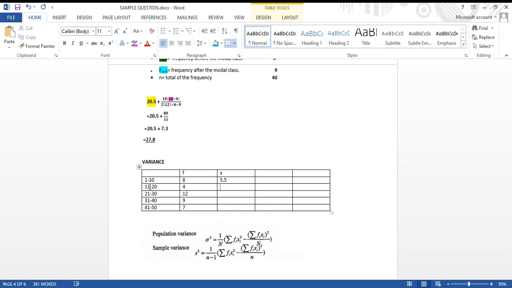Yes, that's 15.5. Next is 30 plus 21 divided by 2, which is 25.5.